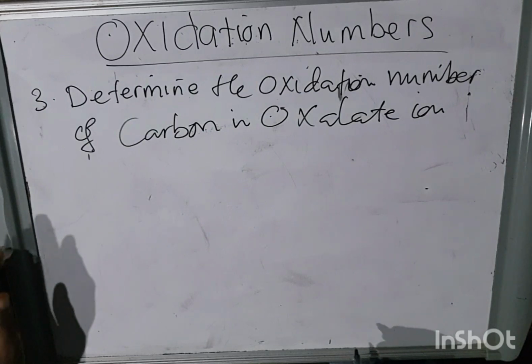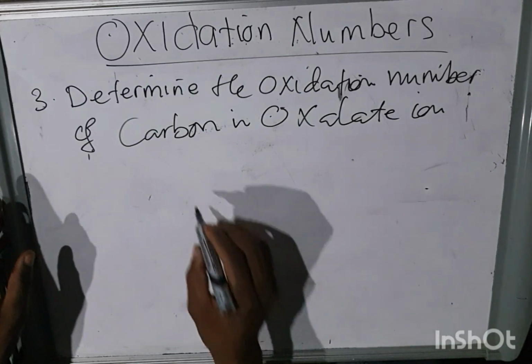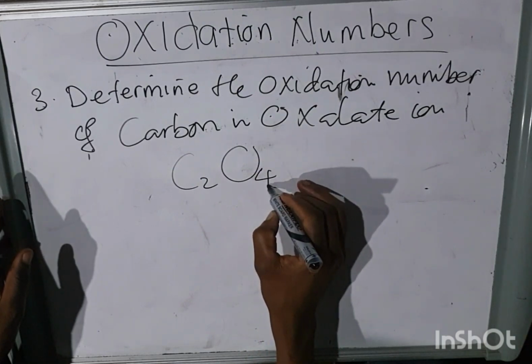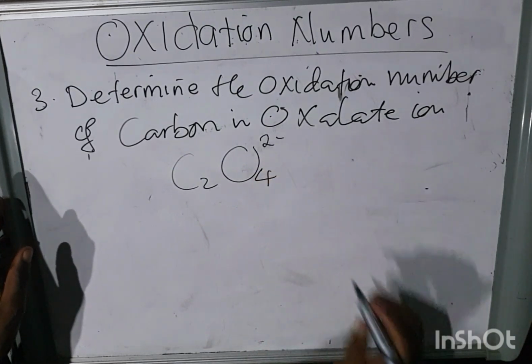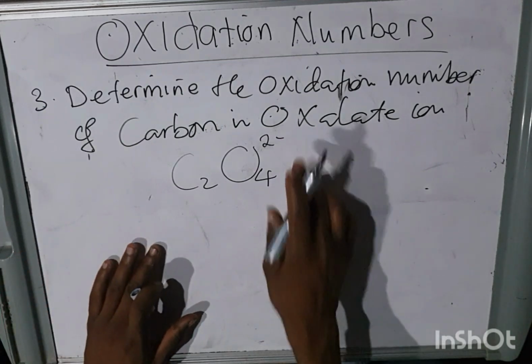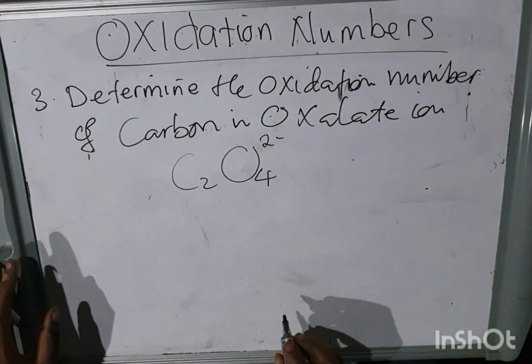What's the formula for the oxalate ion? The oxalate ion is C2O4 with a negative charge 2 on top. So it means the oxidation number for this ion is -2.